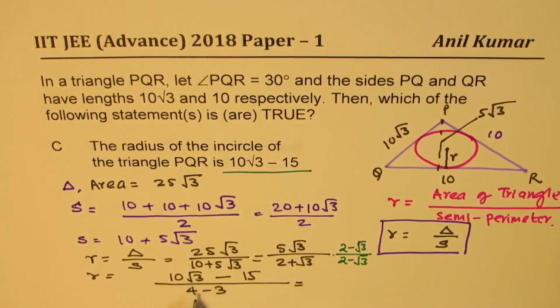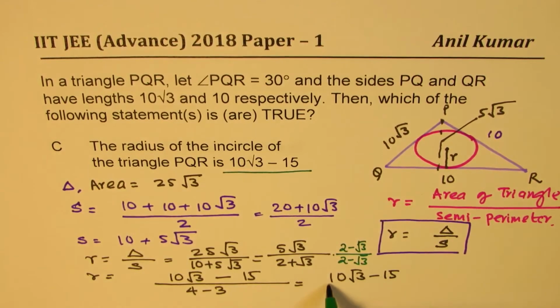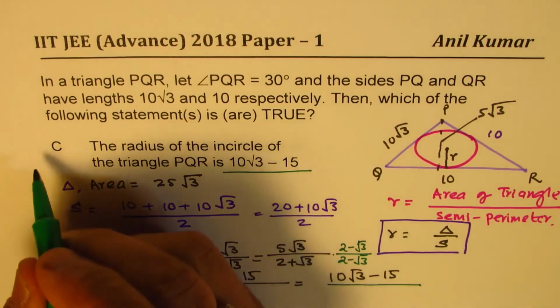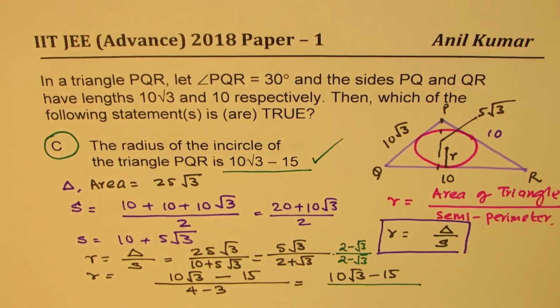So that's what you get. So you get 10 square root 3 minus 15. That is correct. So we got the same as this. So this part is correct, right? So C is also correct. Perfect. Now let's move on and do part D.